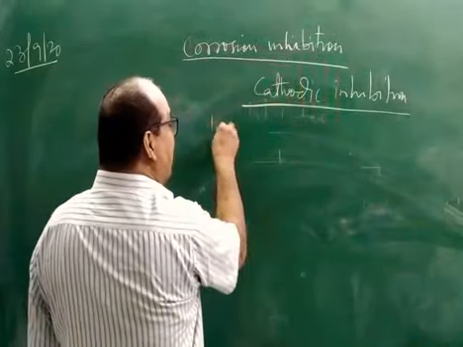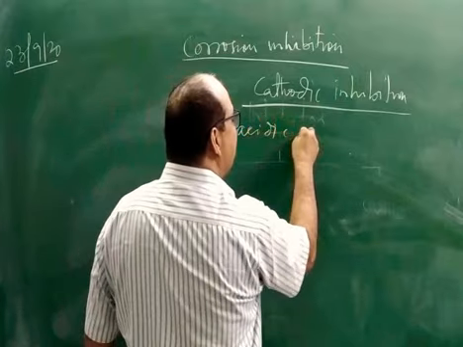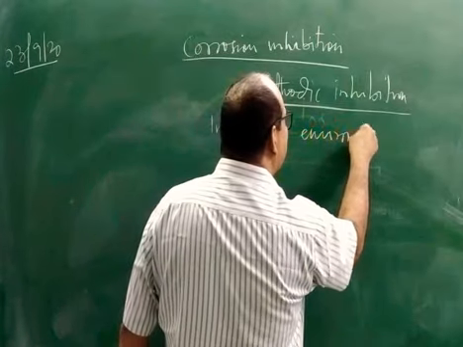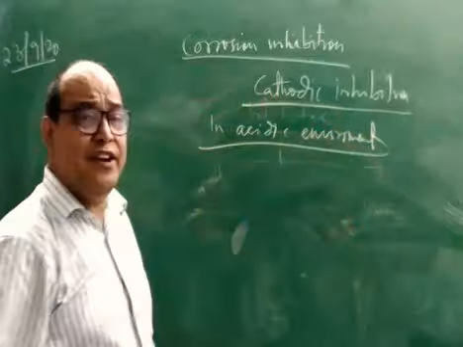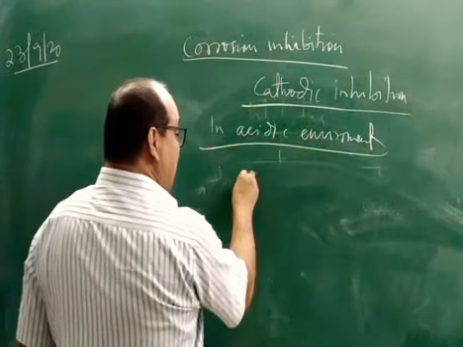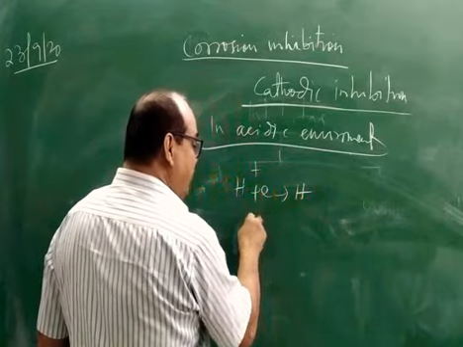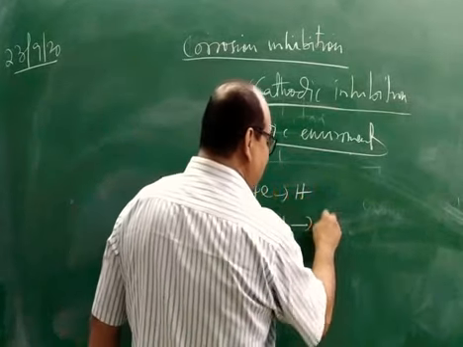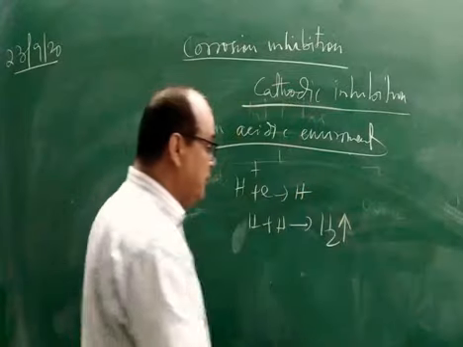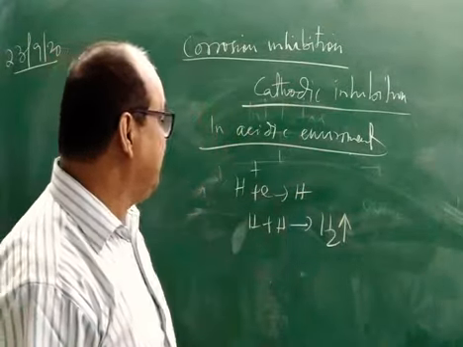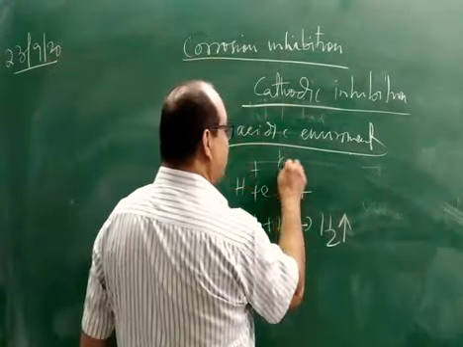So in acidic environment, what is the corrosion reaction? You might have seen earlier, H plus will gain one electron producing H, then H plus H will be produced, and therefore hydrogen will be released. This is your cathodic reaction.